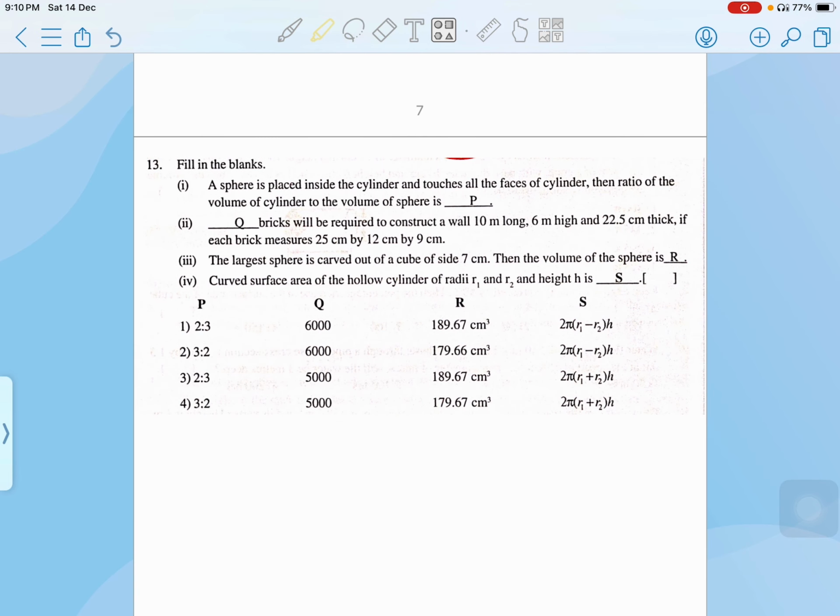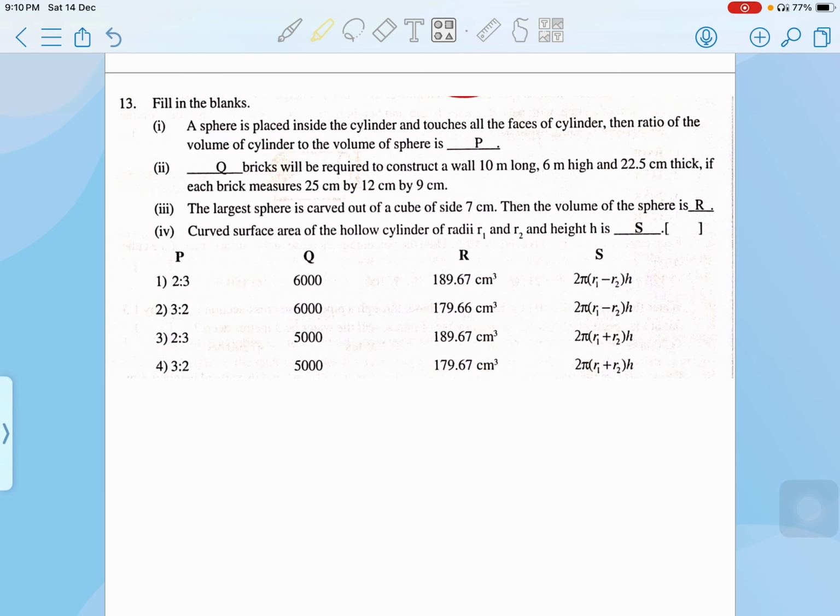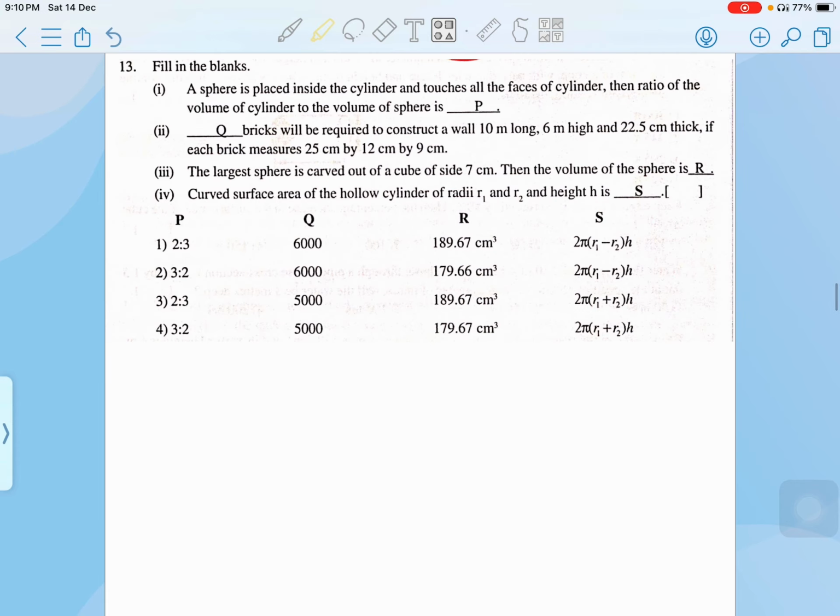Again, 13th one, fill in the blanks. PQR is there. So I think you can do any two or three, or you can do fully also. This 13th one, they told a sphere is placed inside a cylinder and touches all the faces. First, you draw a cylinder.